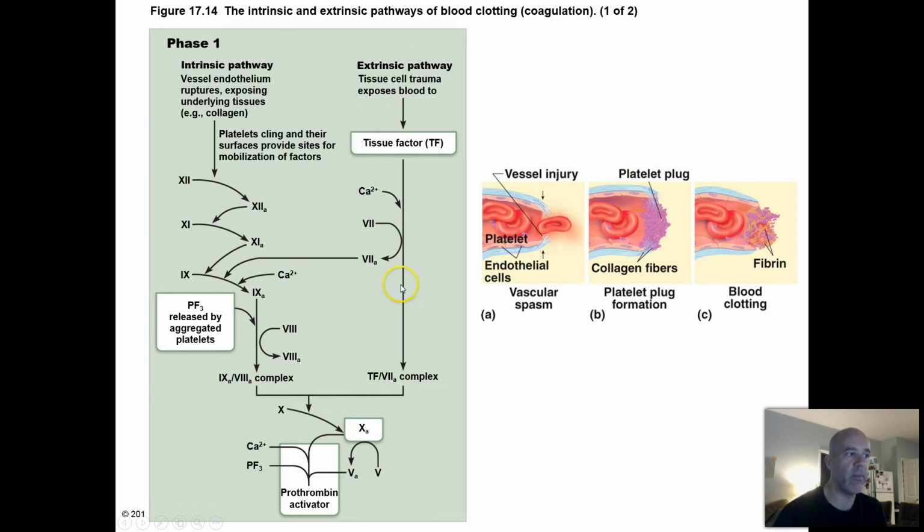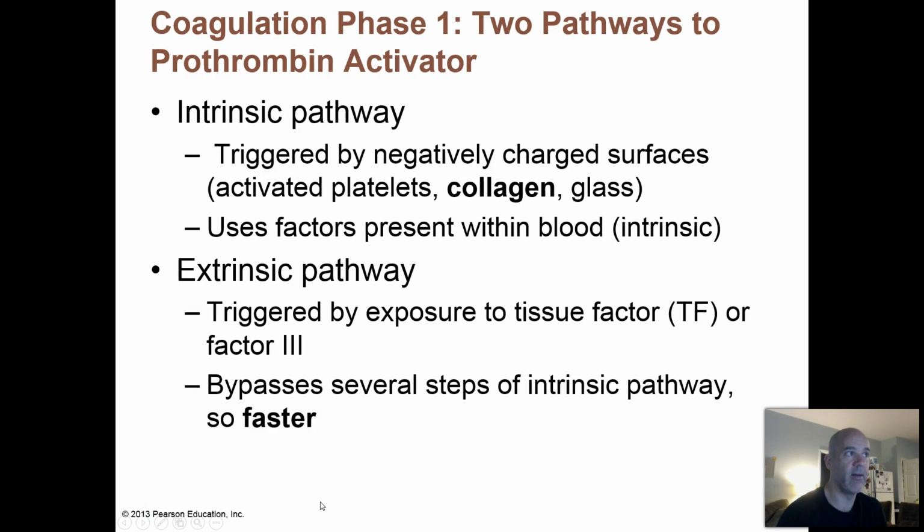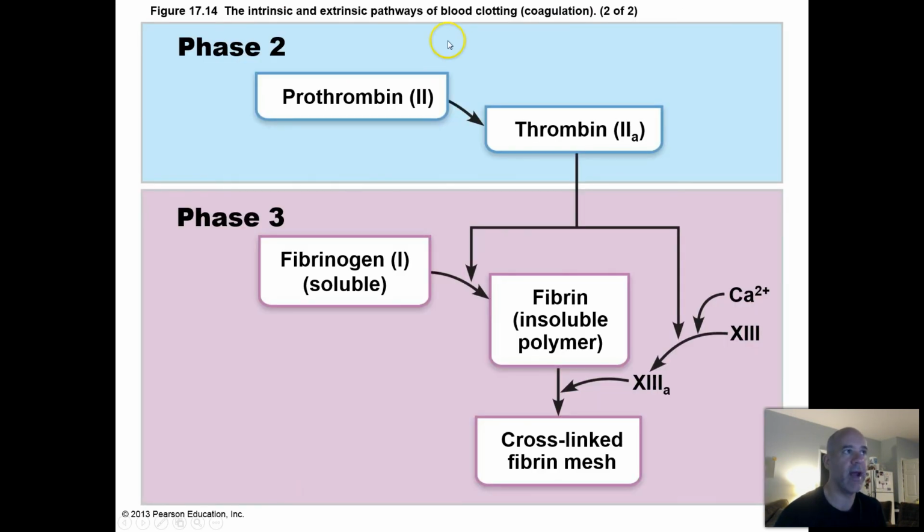Know that both of them are leading to activated factor 10, and then all of these components that you see down in here, activated factor 10, calcium, platelet factor 3, activated factor 5, they all wind up getting together to make prothrombin activator enzymes. Prothrombin activator enzymes then set off the phase 2 that you see here. They convert prothrombin to thrombin, which then leads to these events happening and you make that blood clot.